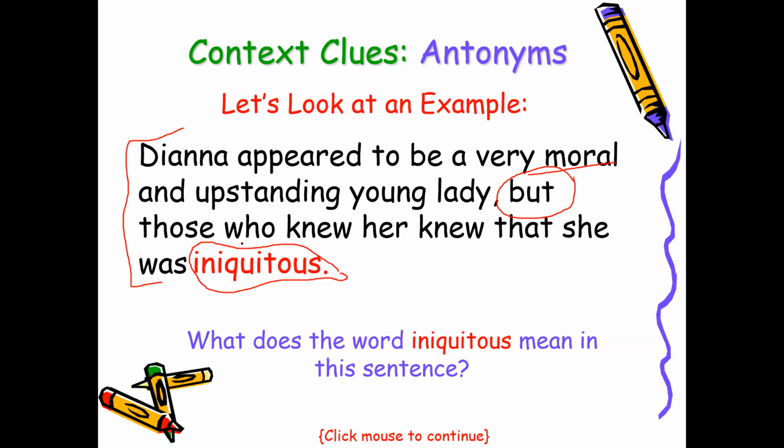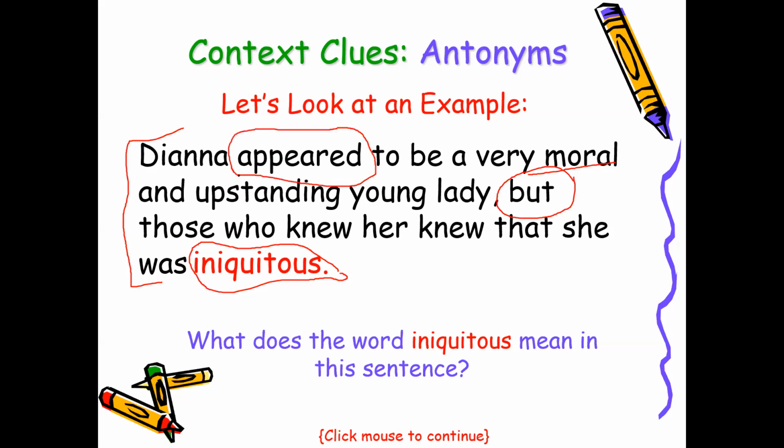The first part says, she's moral. The second part says, in reality, she's iniquitous, which means immoral. So there is a word here that shows this, like the word appeared.